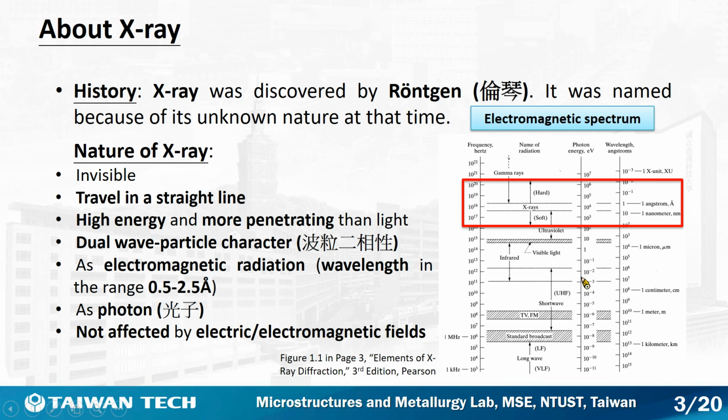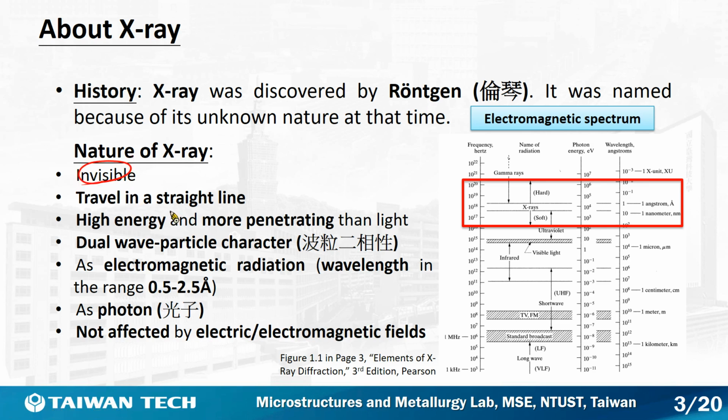Okay, let's talk about X-ray. For the history, X-ray was discovered by Röntgen, and it was named because of its unknown nature at that time. Actually, X-ray is very special compared with light. It is invisible.